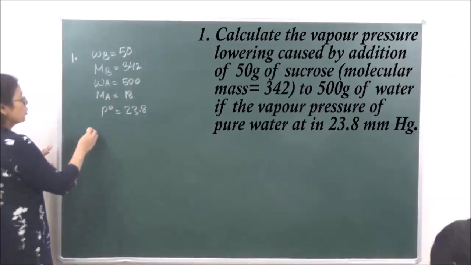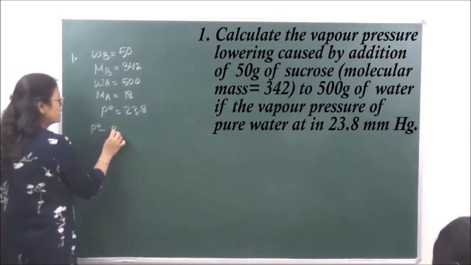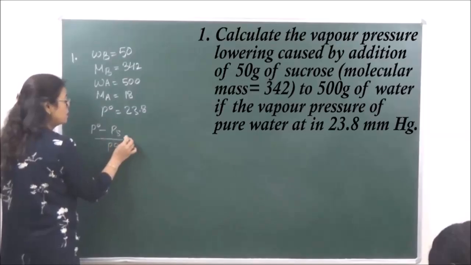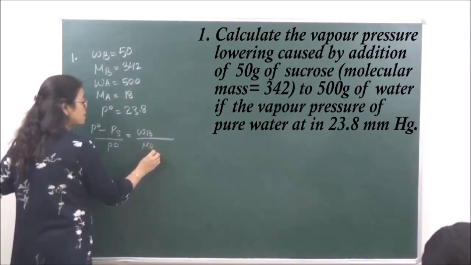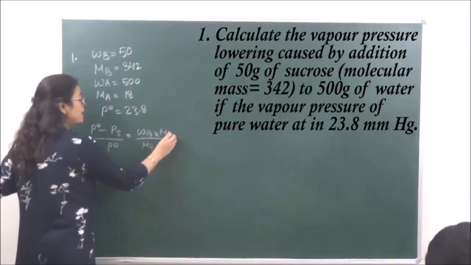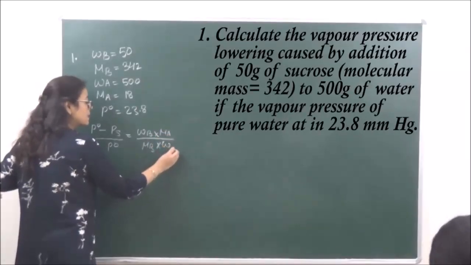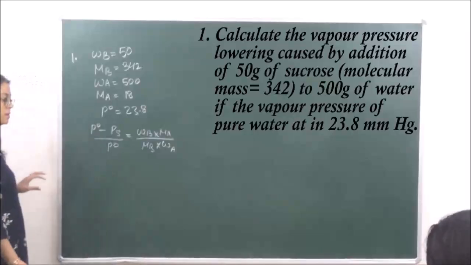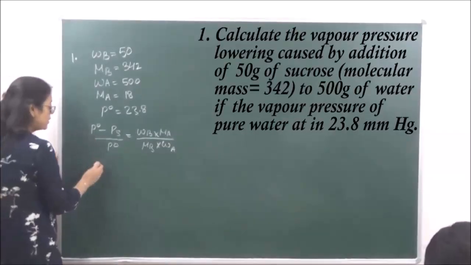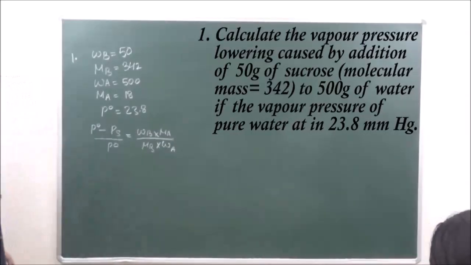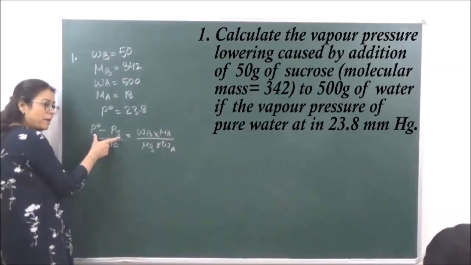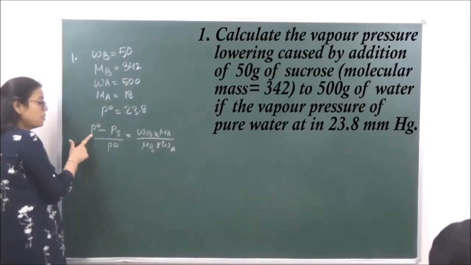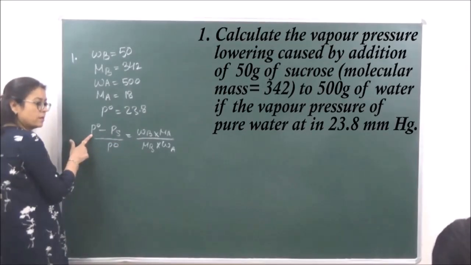Putting in Raoult's law, we have (P naught minus PS) upon P naught equal to WB upon MB into MA upon WA. Let's put the values. What have they asked? Vapor pressure lowering. So first we have to calculate this. In that case, we will not put the value of P naught on the left.